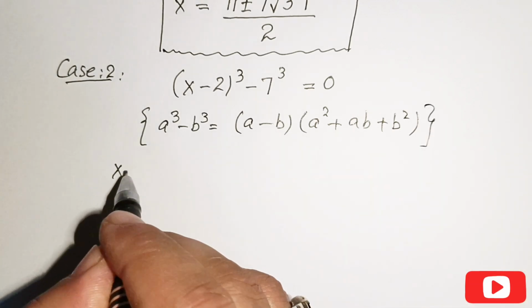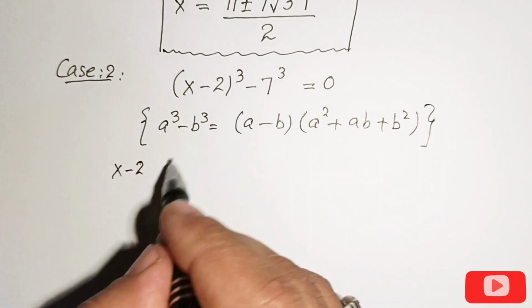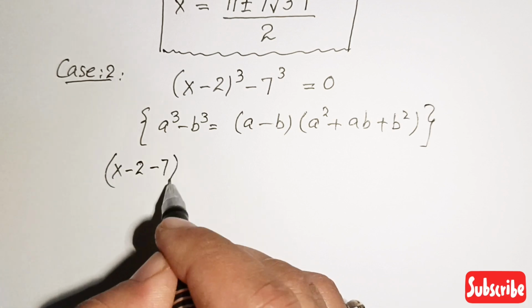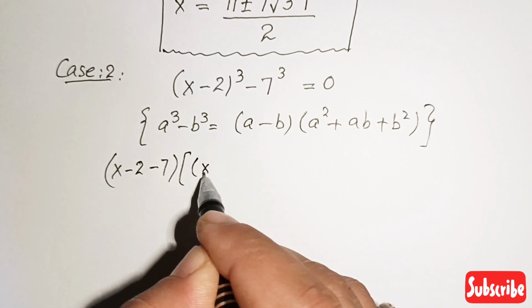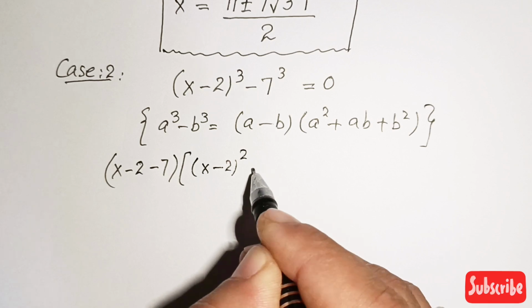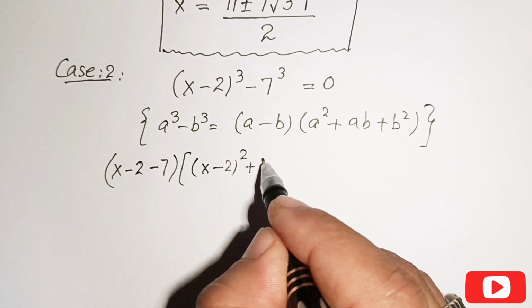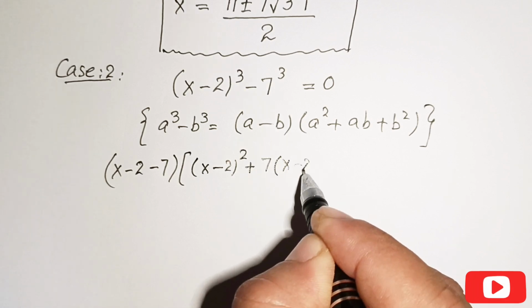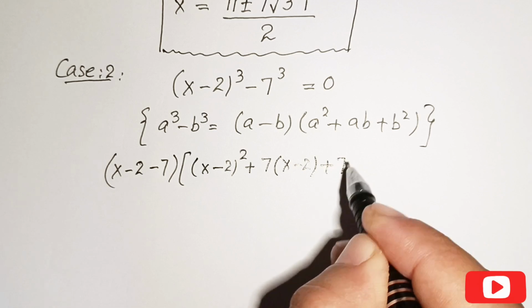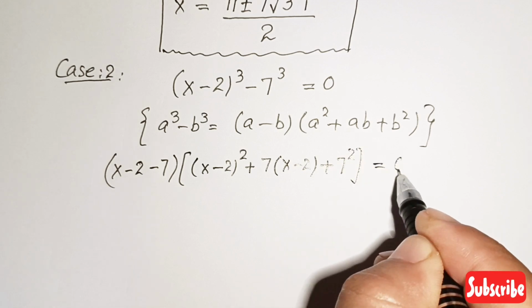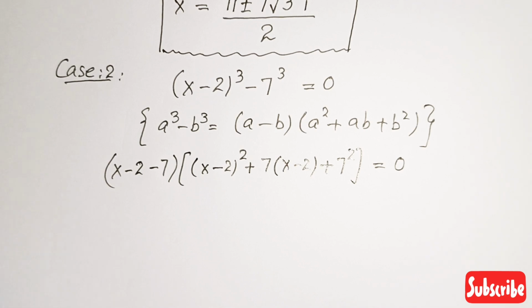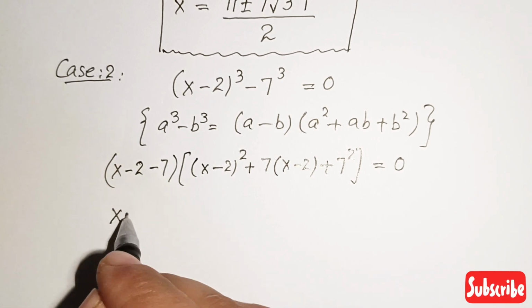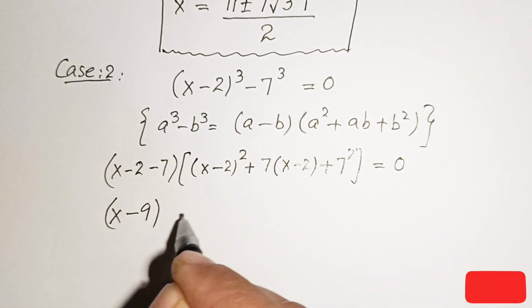Here x minus 2 is a, so (a minus b) times a squared means (x minus 2) squared, plus a times b, 7 times (x minus 2), plus b squared, which is 7 squared, equal to 0. Now x minus 2 minus 7 we get minus 9.